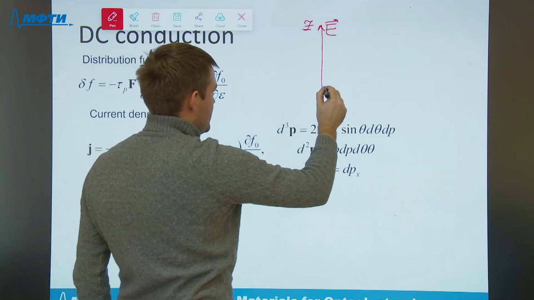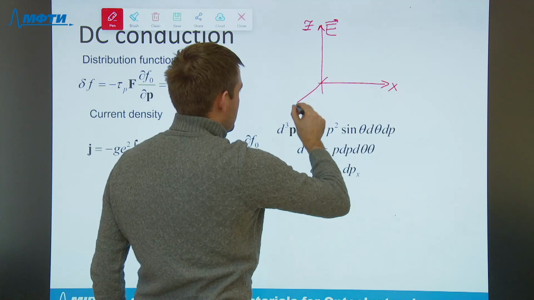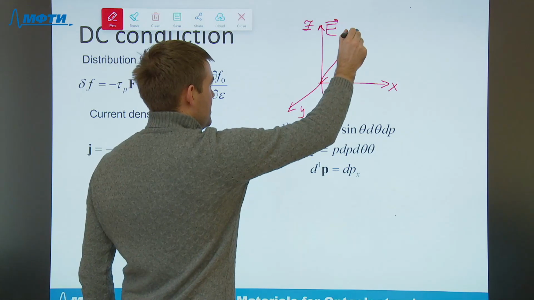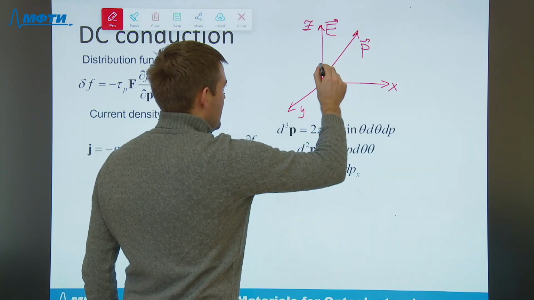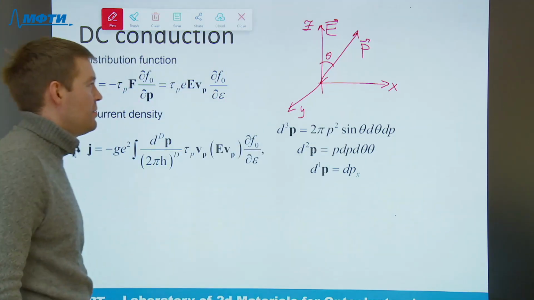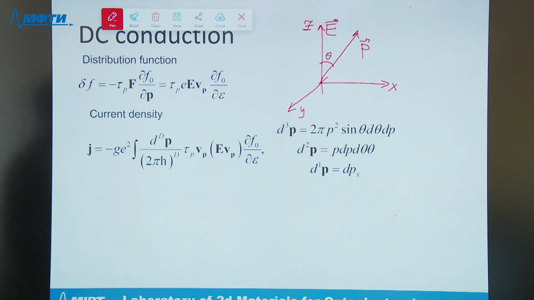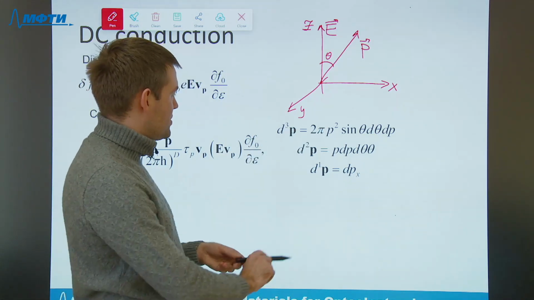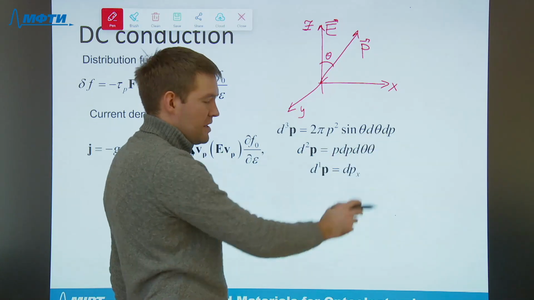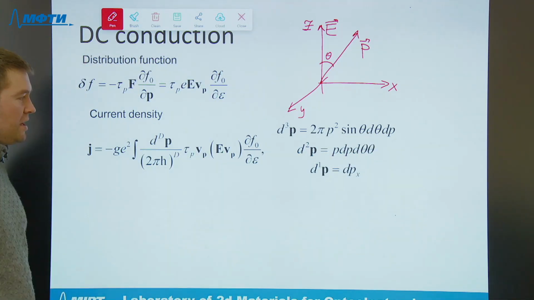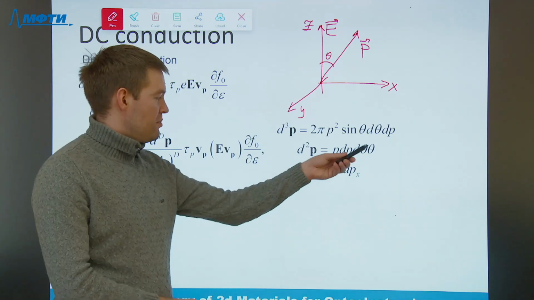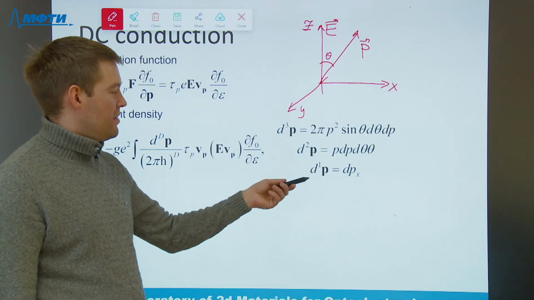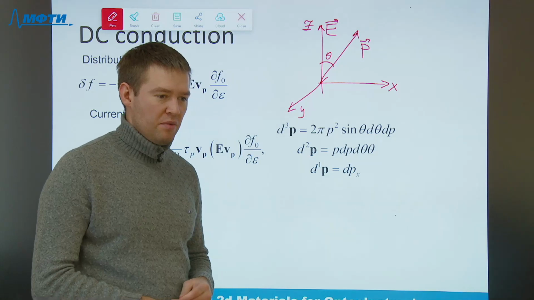The x and y coordinates are orthogonal to it, and when we consider the individual momentum vector for the electron, it makes some angle theta with respect to the z-axis. Therefore, we write it in the way 2 pi momentum squared multiplied by sine theta d theta dp. When we do it in two-dimensional space, we use simple polar coordinates. If we do it in one-dimensional space, then it is just dp with respect to the z-axis.